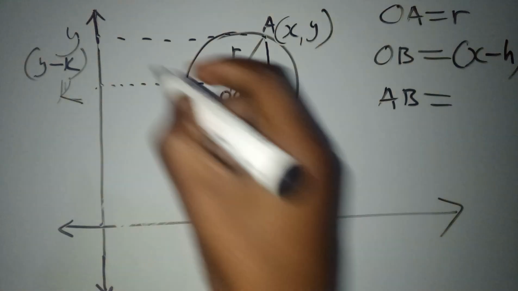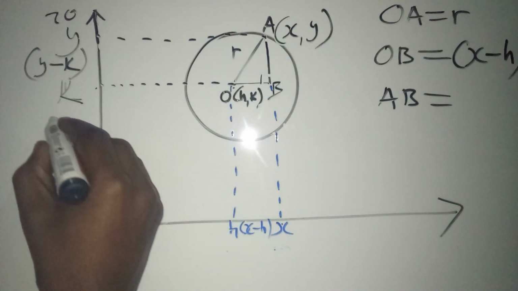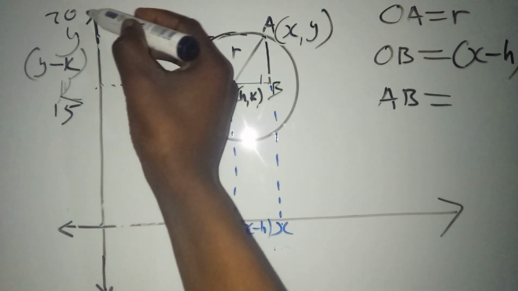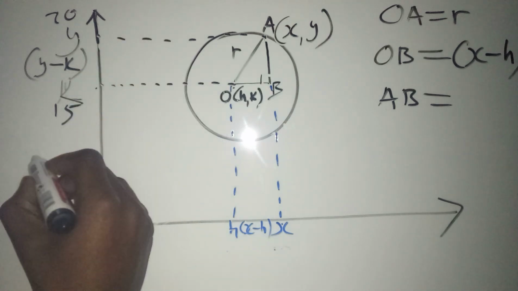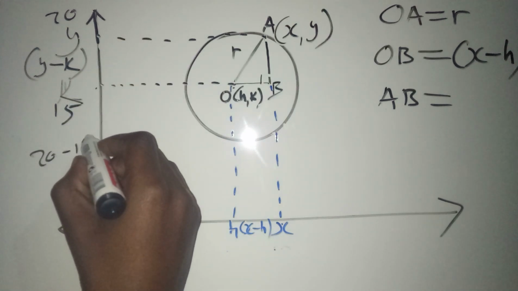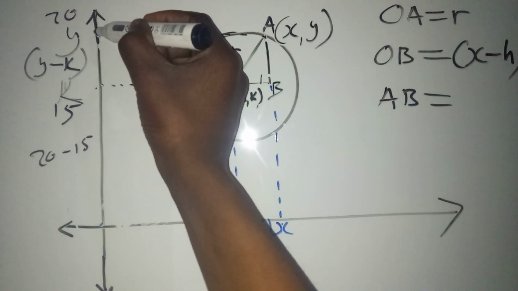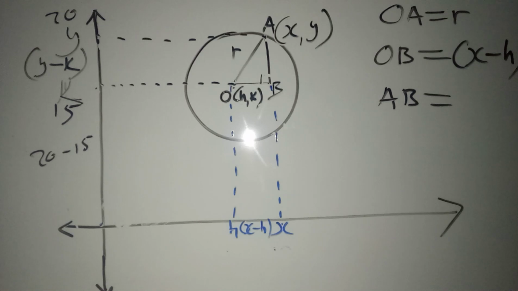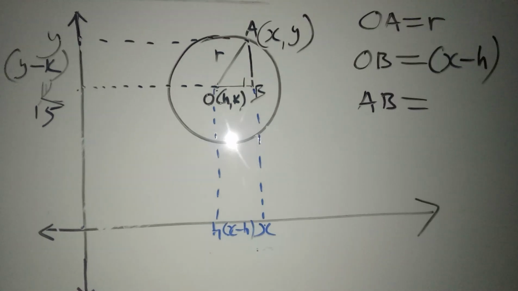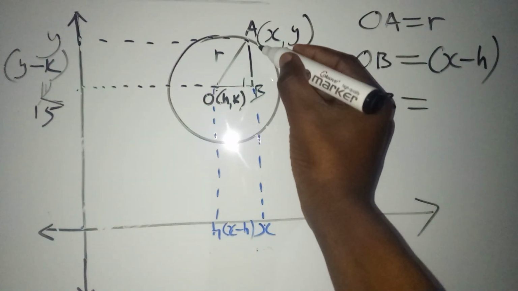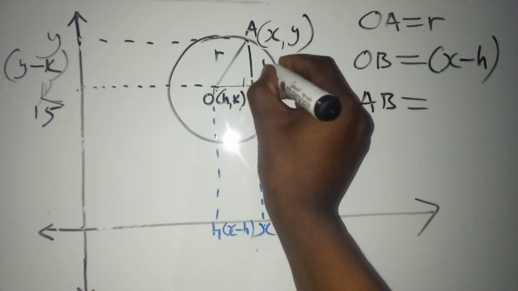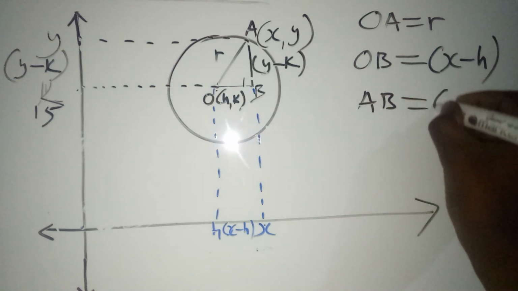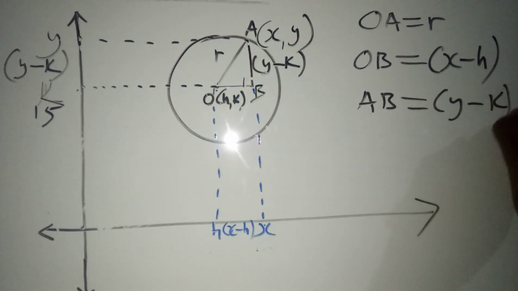In terms of numbers, suppose here I have 20 and here I have 15. How can I find the distance between 20 and 15? I can just say 20 minus 15. So that is the idea. This implies that AB is y minus k.